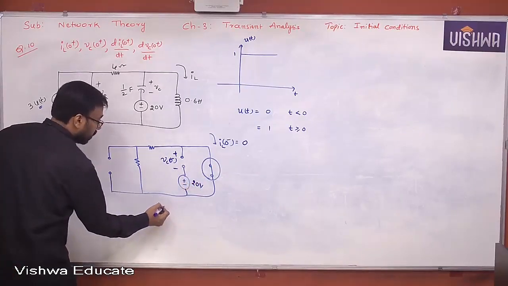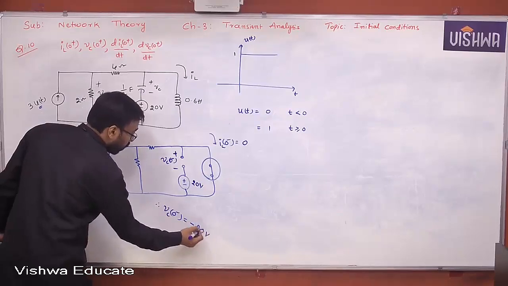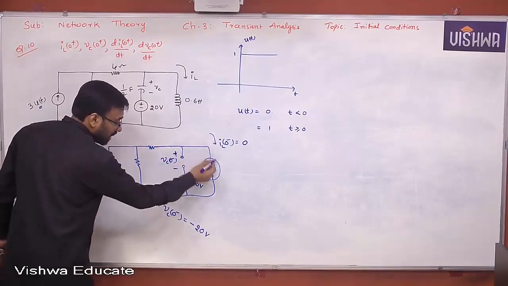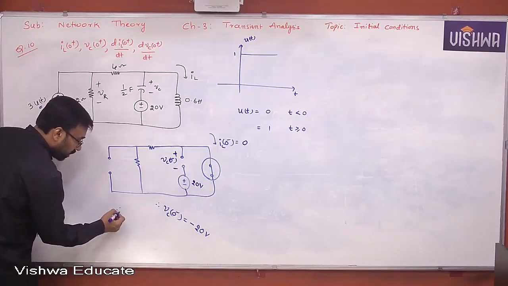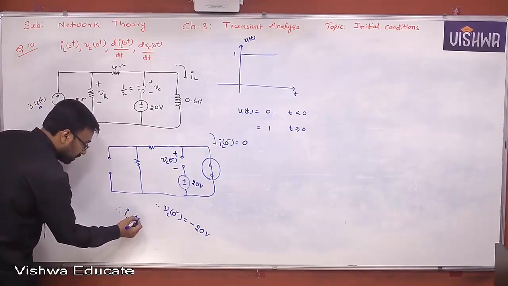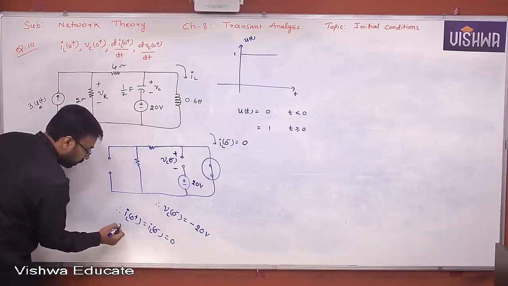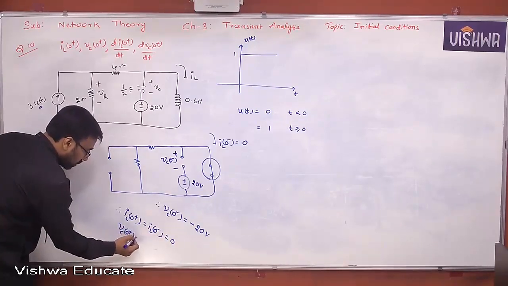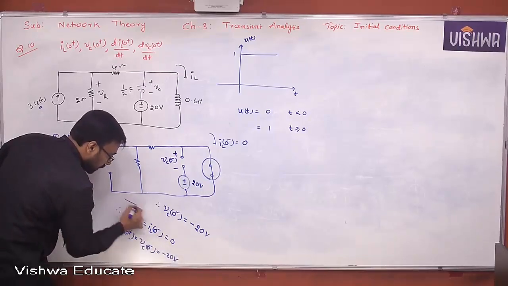I can say VC of 0 minus is minus 20 volts. I hope you understand why I'm taking minus, because this plus is connected to minus and minus is connected to plus. Now from this, we can conclude that IL of 0 plus is equal to IL of 0 minus, nothing but 0. VC of 0 plus is equal to VC of 0 minus, nothing but minus 20 volts. That's it.